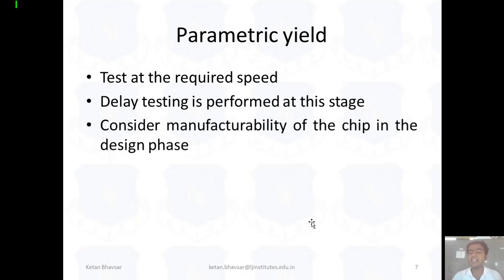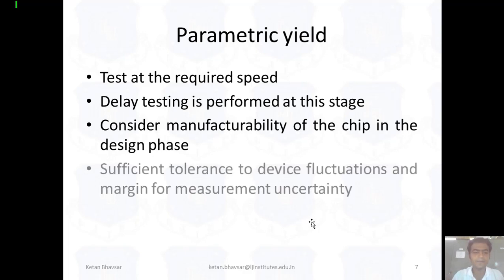Consider manufacturability of the chip in the design phase: sufficient tolerance to device fluctuations and margin for measurement uncertainty. When we're dealing with this type of parameter, we have to check the tolerance, in terms of the fan in, fan out capability of the pins, how long the pin is driven.